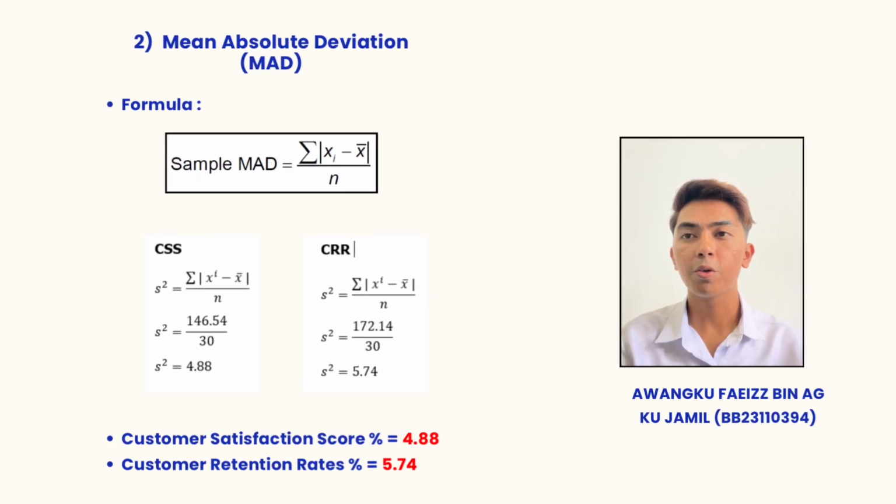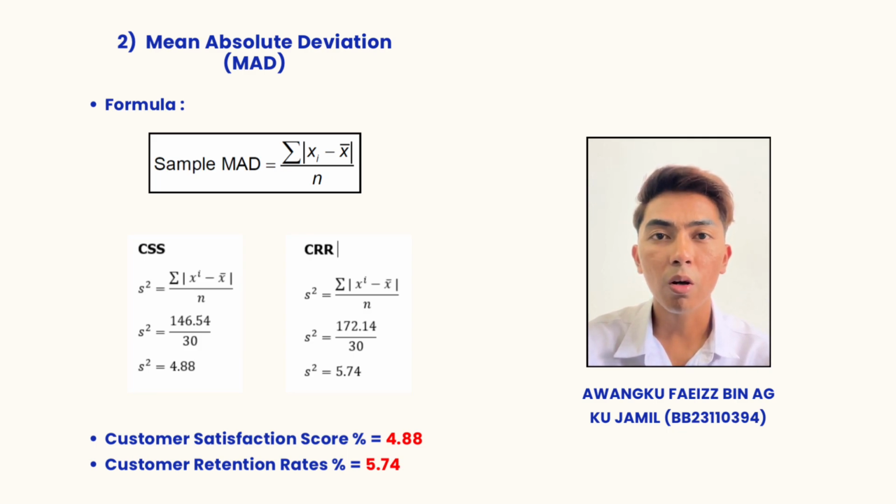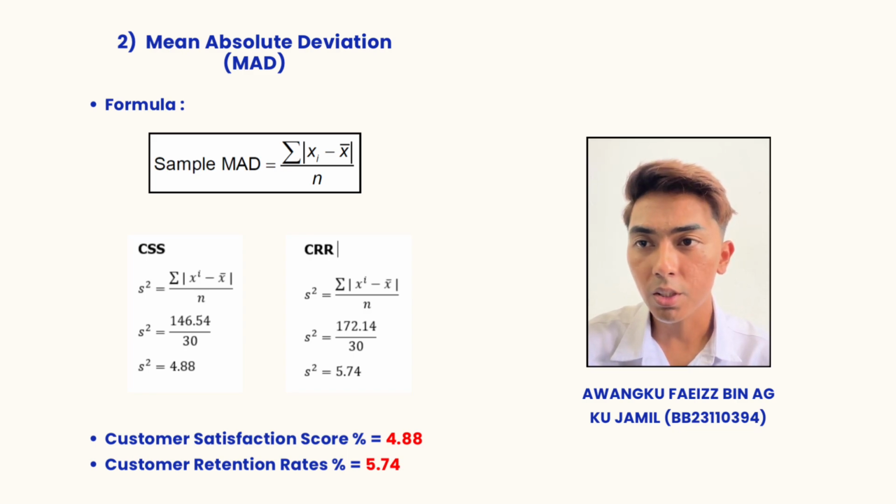So we're moving on to the second, which is mean absolute deviation, MAD. MAD shows how much each data point differs from the average. So the formula for the MAD is equal to the sum of absolute differences between each value and the mean, divided by the total number of values. The calculation is too long, but I already showed it.